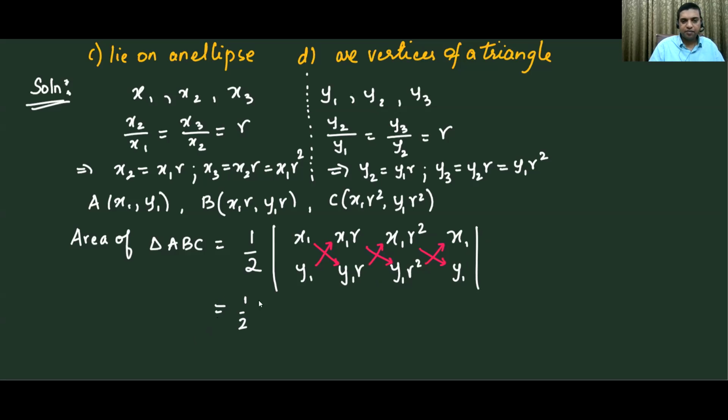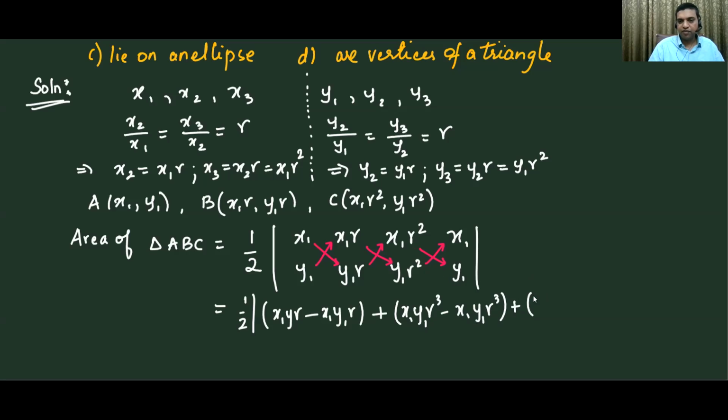You get half times modulus of x1 y1 r minus x1 y1 r. This minus this, you will get 0. Then you will get x1 y1 r cube minus x1 y1 r cube. This one minus this one.